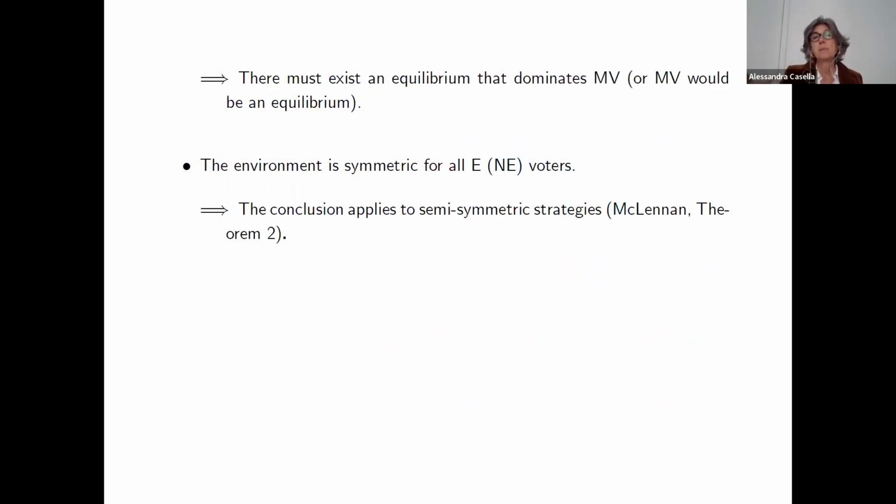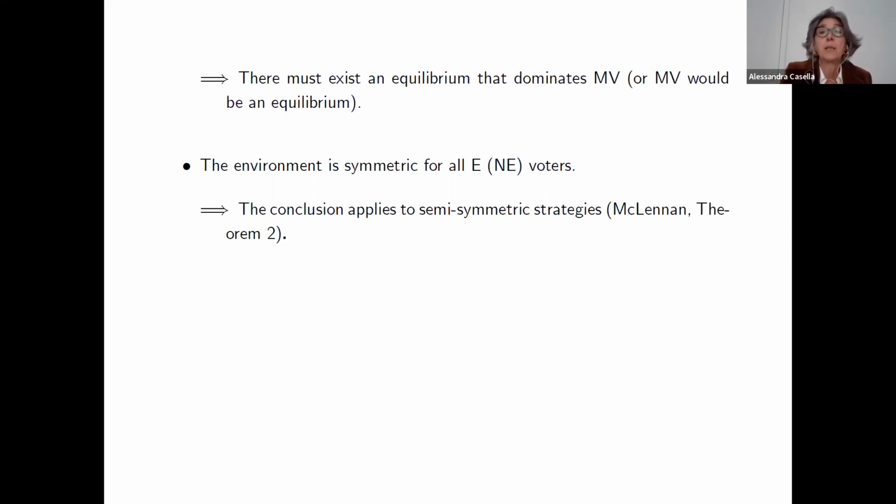But then there must be an equilibrium that dominates majority voting, because otherwise majority voting would be an equilibrium, by McLennan's reasoning that the set of strategies leading to the highest expected utility will always be an equilibrium.